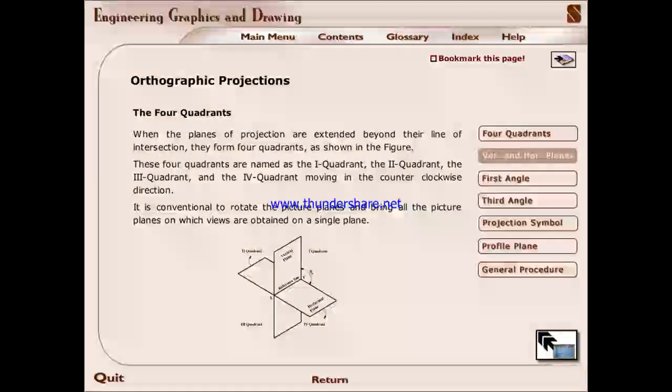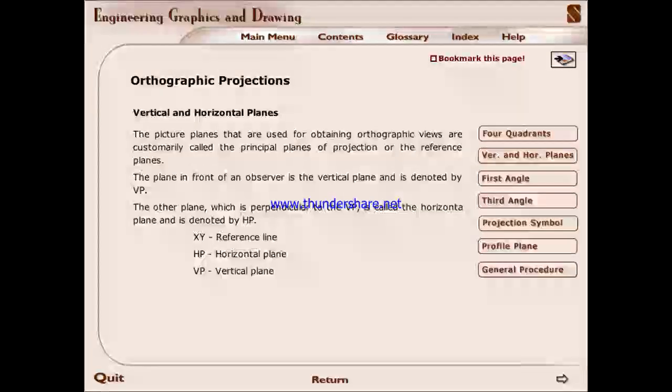Now next, vertical and horizontal planes. The picture planes that are used for obtaining orthographic views are customarily called principal planes of projection or the reference planes. The plane in front of the observer is the vertical plane, denoted by VP.